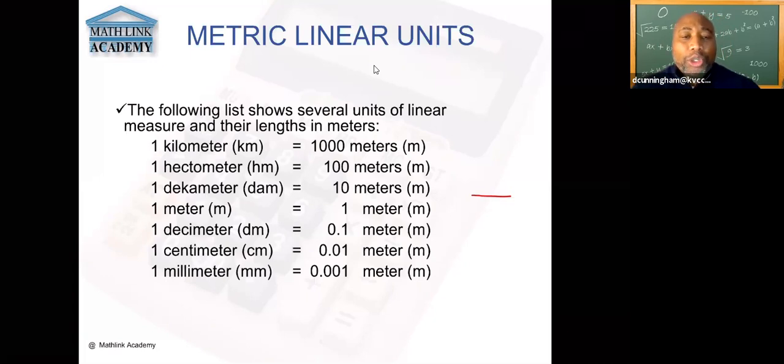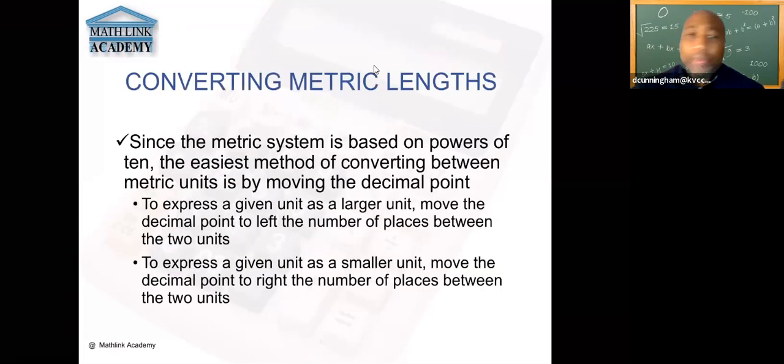And so what you want to do is learn this particular chart, learn the words, and make sure we know which direction we're going when we talk about a linear unit, and we're talking about meters when we talk about linear units.